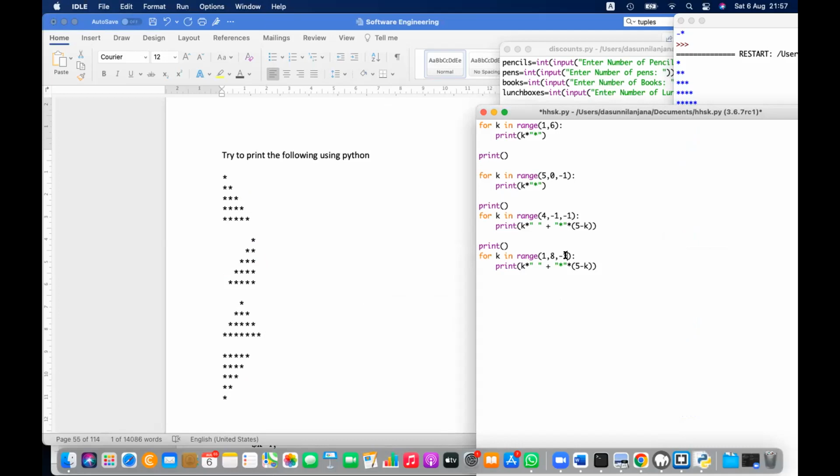Is it 1 by 1 or 2 by 2? 1 by 1, will it give odd numbers? 1, 2, no. You have to increase 2 by 2, right? So that is the K. That K you can give for the asterisk.